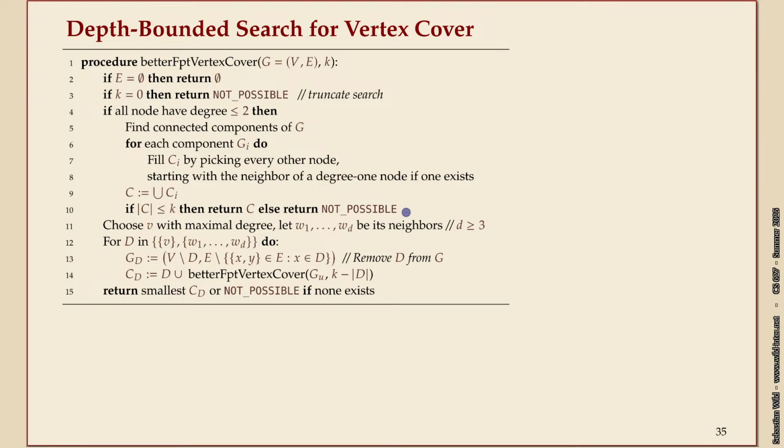So we're not going to worry about the details. The interesting bit starts after that. If this is also not the case, if we don't return here, then there must be some vertex. We might as well pick the one of largest degree. So V is that vertex and W are the neighbors.